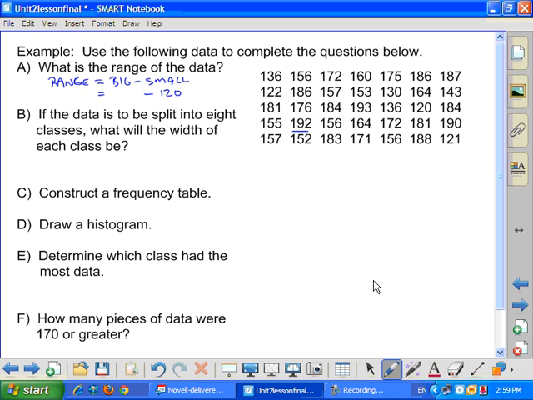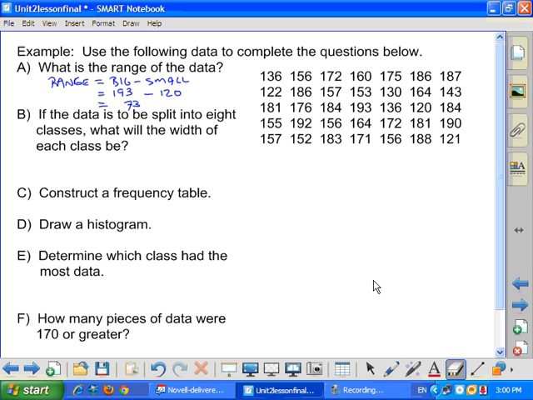Is anything going to beat 192? Scanning. Oh, I got a 193, and it looks to be the winner. So 193 take away 120, you can use the calculator for that. 73 is the range. So from my smallest piece of data to my biggest, it's a range of 73.